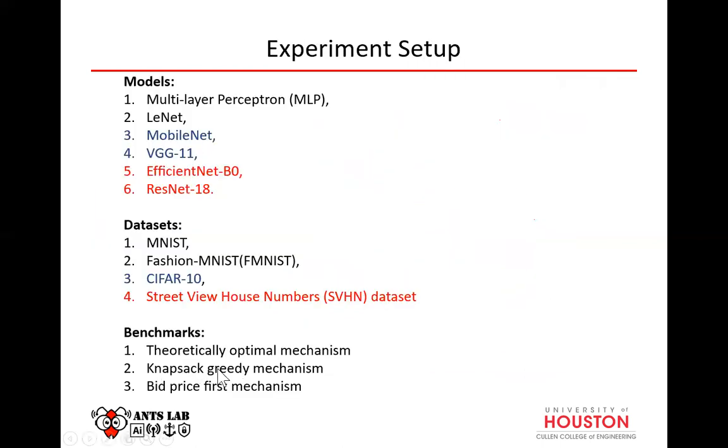And the second incentive mechanism greedily selects winner nodes based on the data size divided by the bid size, where the data quality and the truthfulness of nodes are not considered.